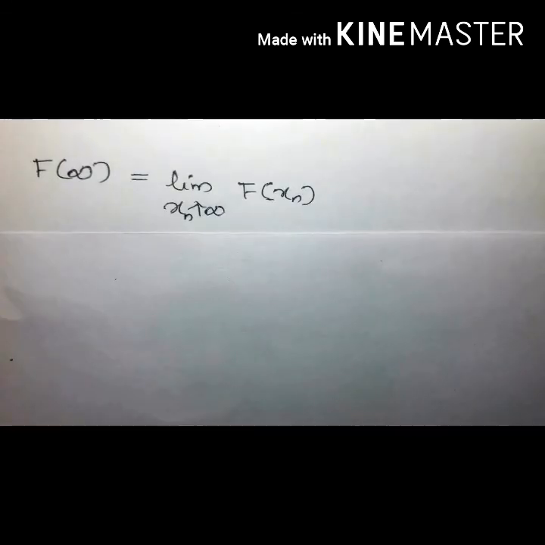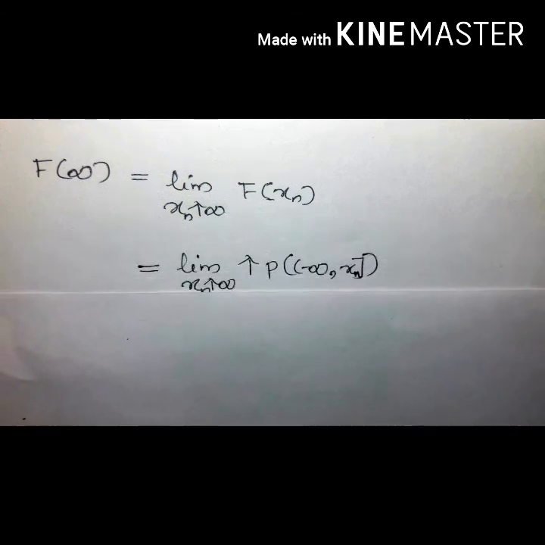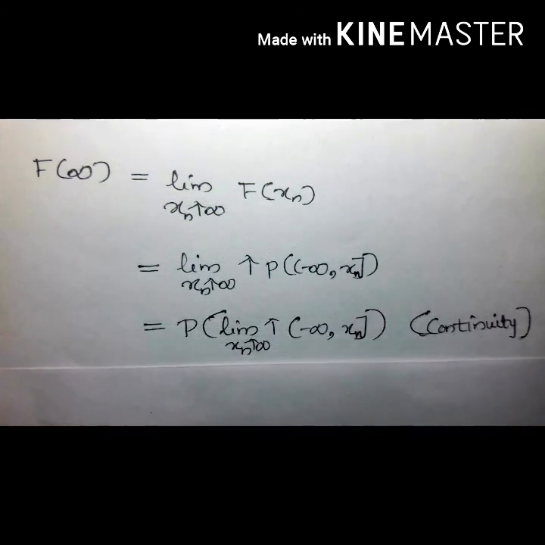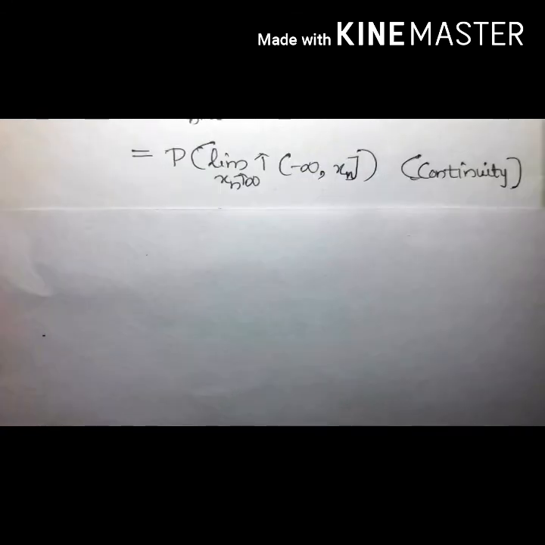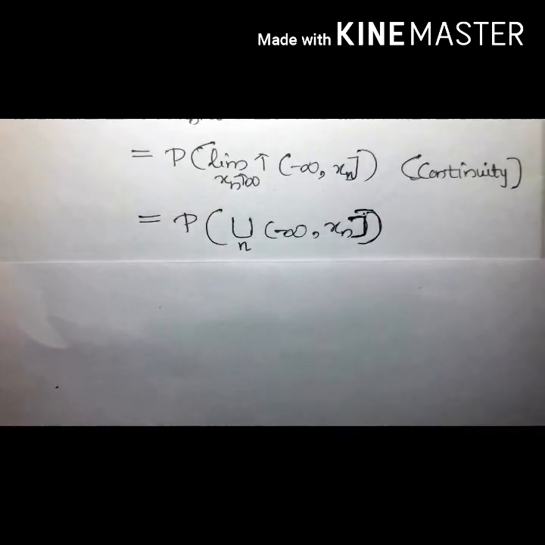Now the third property is f of infinity equal to limit as xn increases to infinity of f of xn. We want to prove that this is equal to 1, and this is equal to limit as xn increases to infinity of p of interval minus infinity, closed xn, and that is equal to p of the increasing limit of (minus infinity, xn] by the continuity of p, and that is equal to p of the union over n of the intervals (minus infinity, xn].